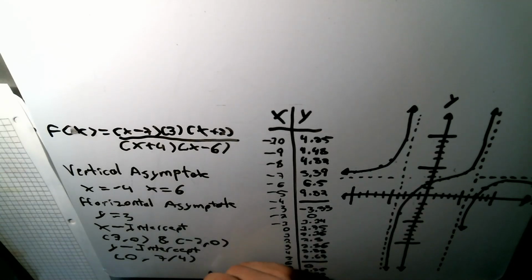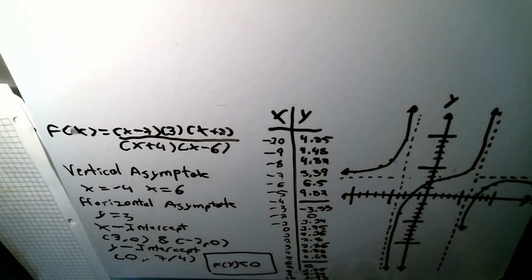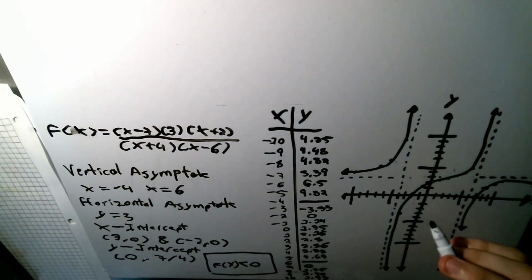This one is pretty important. f of x is smaller than 0, which means that y is smaller than 0. So when we look at the graph, we can see that there are segments where y is smaller than 0.